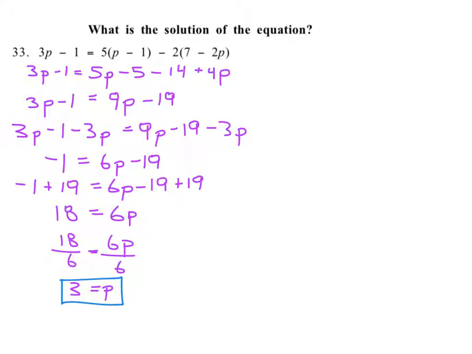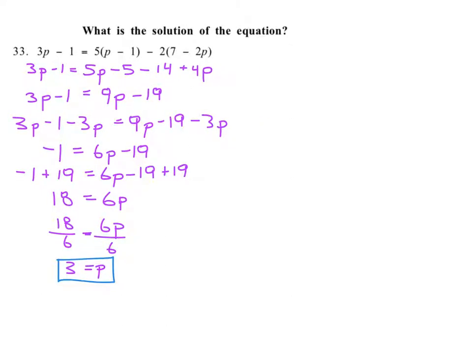I'm going to write it in a different color, in green. Actually, I'm going to just take a screen grab of this equation and put it back over here. Thanks for your patience. Okay? So now I've got the original equation.